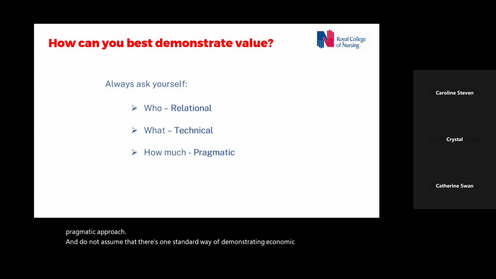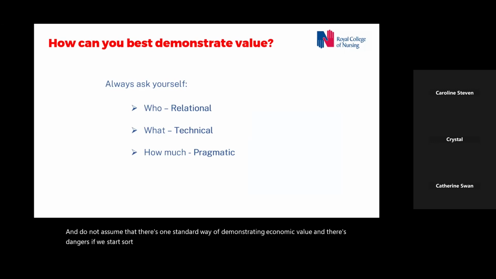There's dangers if we start with that generally accepted theory or practice, and do not predetermine the approach. So whilst you might have some theory in which what might be helpful or what might be the cost, you really want to make sure that you are supporting that with evidence, that you're looking at data, that you're looking at the costs, you're looking at the experience of individuals and not just making some assumptions.